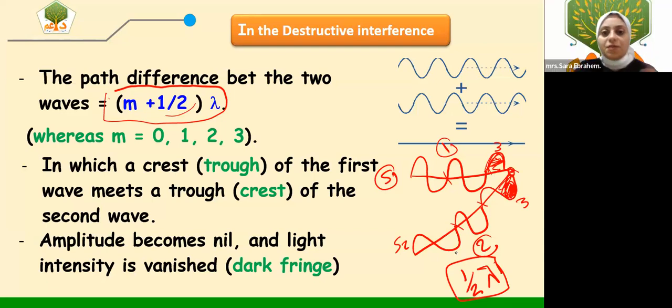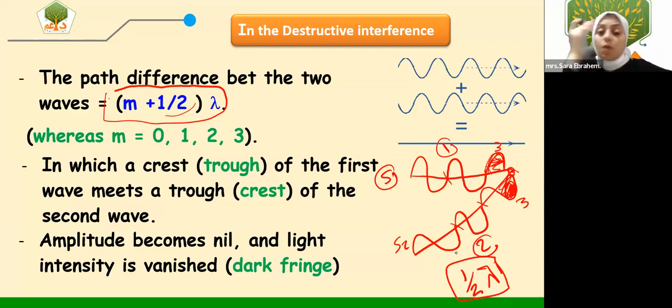So the path difference in constructive interference is equal to a whole number times wavelengths, but in destructive, there is a half. Number and a half.